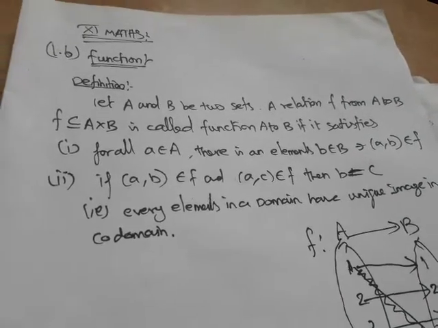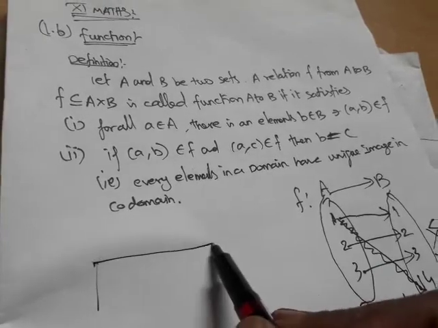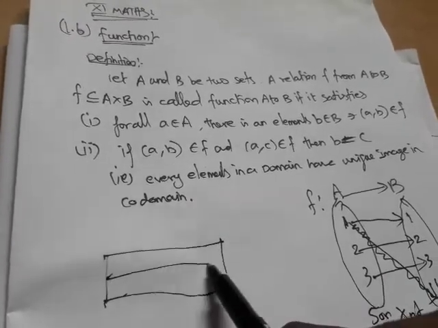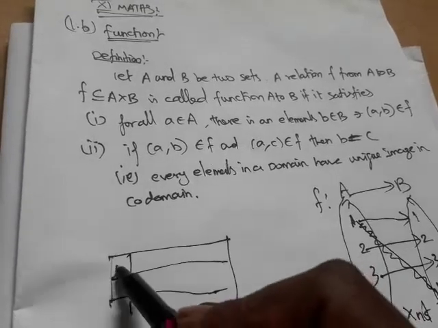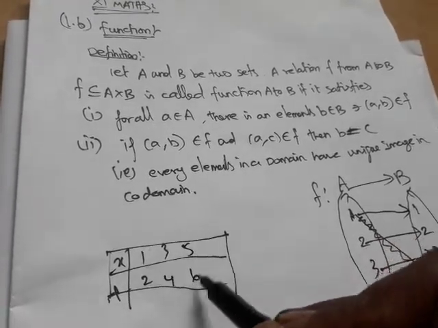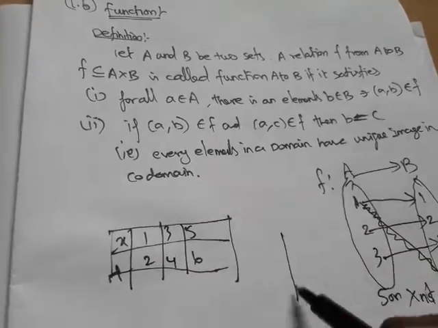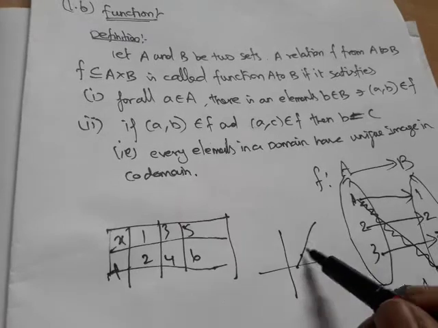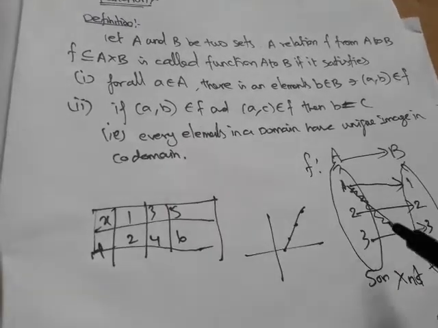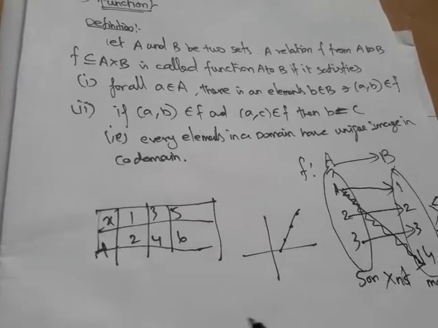So this is the definition of the function. Representation of a function, we know very well, can be in tabular form. In 10th standard itself we studied x and f, 1 2 3 4 5 6, like that we represent. This is the tabular form representation. Then graphical form, last year itself we studied graphical representation also. This is called an arrow diagram, the representation of a function in an arrow diagram.